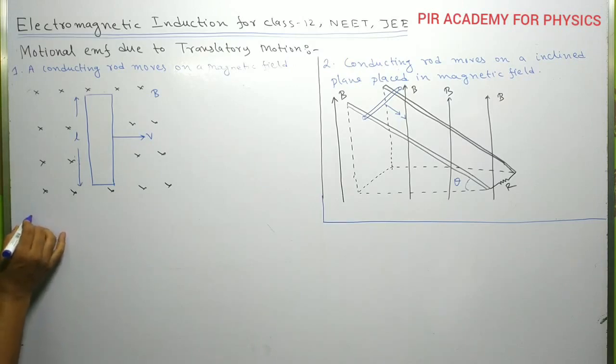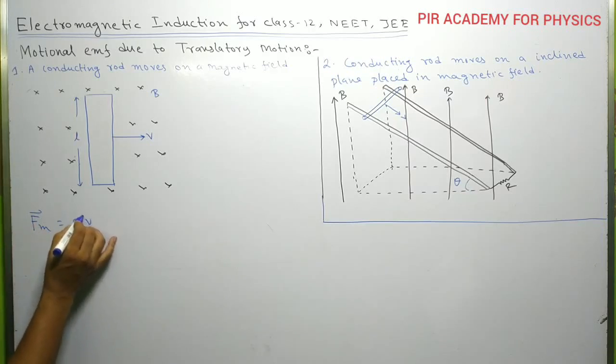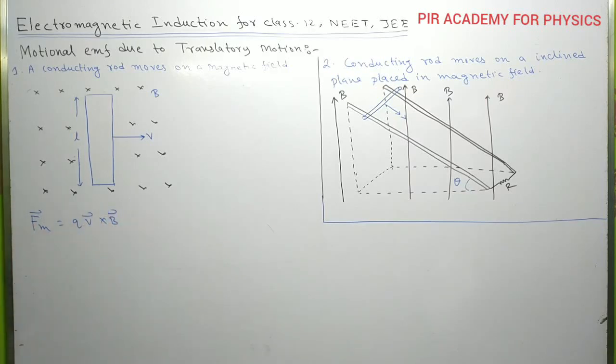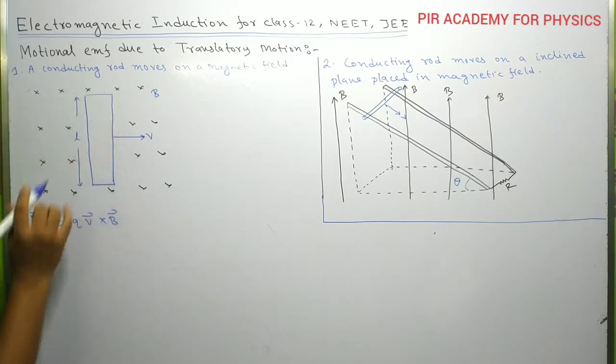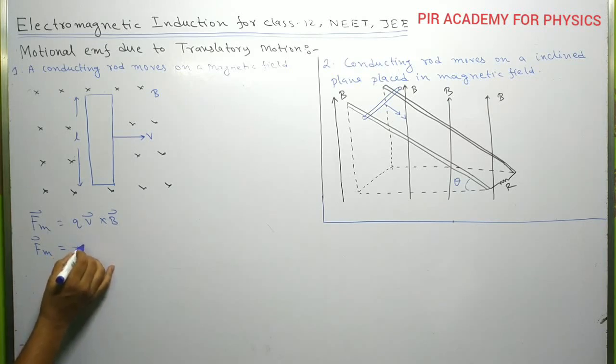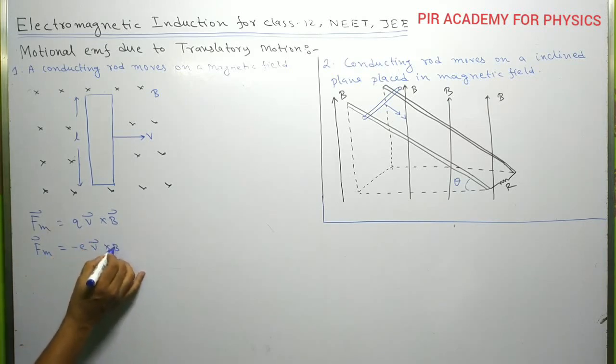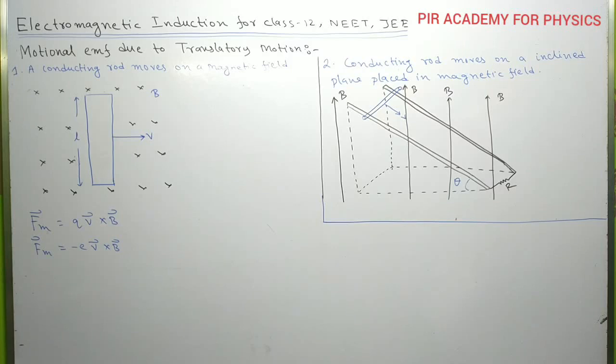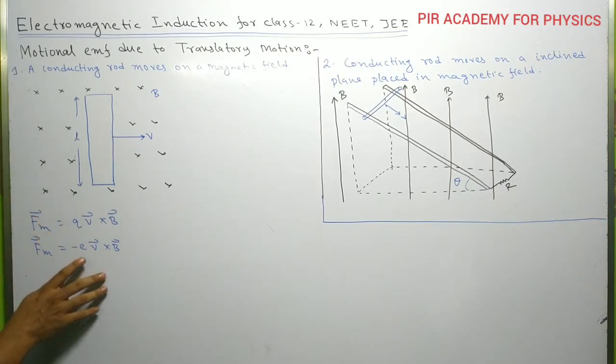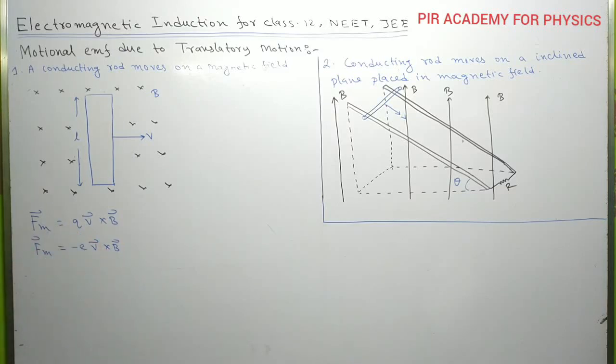The magnetic force equals q v cross B. If there is a free electron on this conductor, the free electron experiences a force minus e v cross B, because the electron is negative charge. Then you have to find out the direction of the force experienced by this electron.